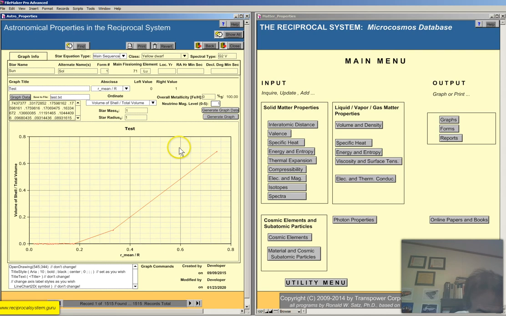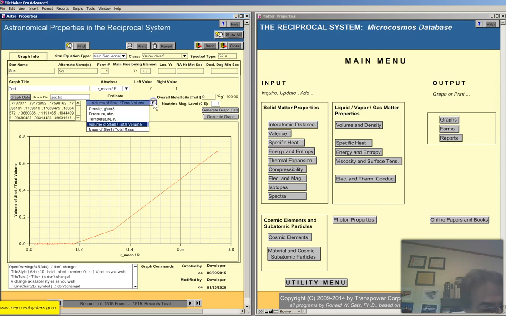So here we go. You can see here, this is again the volume of shell divided by the total volume. Obviously the lower elements have a much larger volume than the higher elements, which are close to nil here.